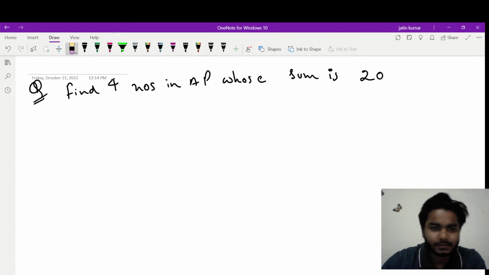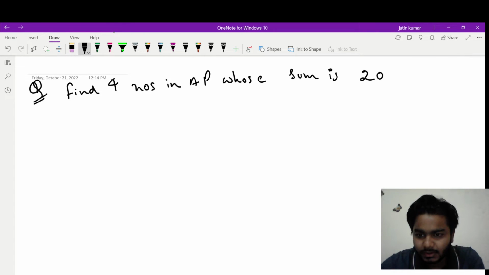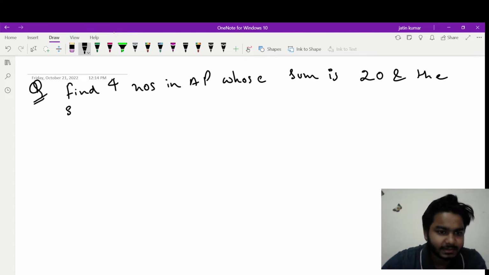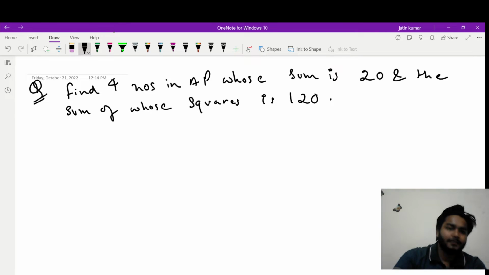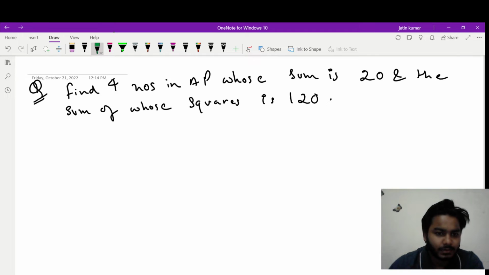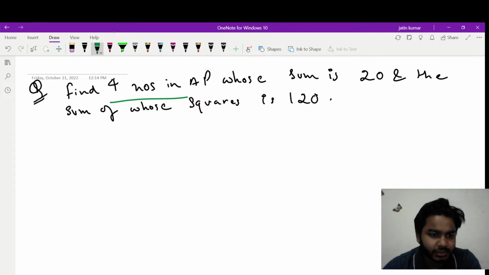Okay, so find four numbers in AP. We will have to find some four numbers in AP. Now in this question we are given four terms of AP. Okay, this question talks about four terms.